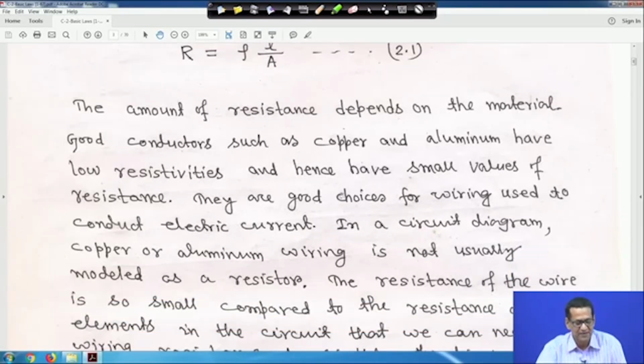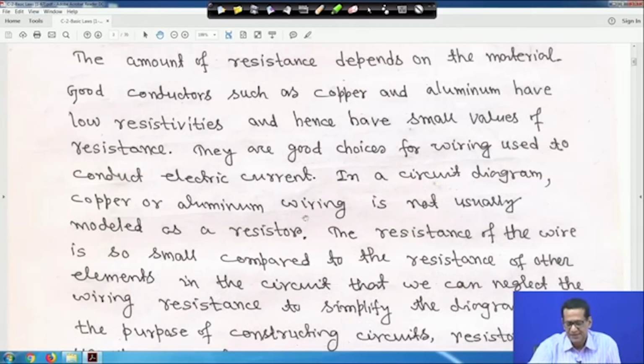In a circuit diagram, copper or aluminum wiring is not usually modeled as a resistor. If you take a wire, you cannot model it as a resistor, because a wire has very negligible resistance, you can ignore it. But a resistor is actually made of carbon and some compound of alloy. So, in a circuit connection, copper or aluminum is not usually modeled as a resistor.